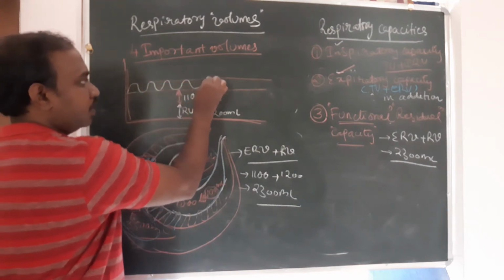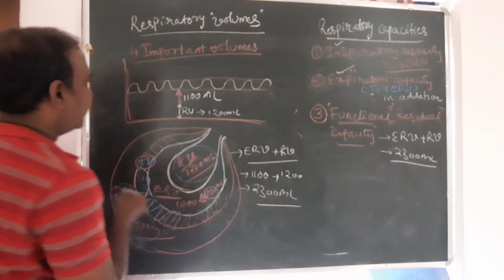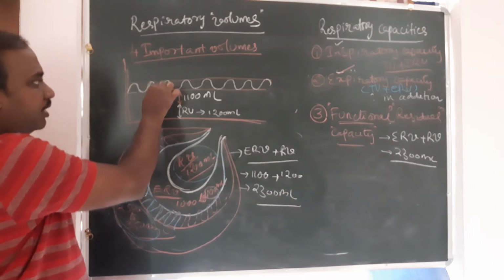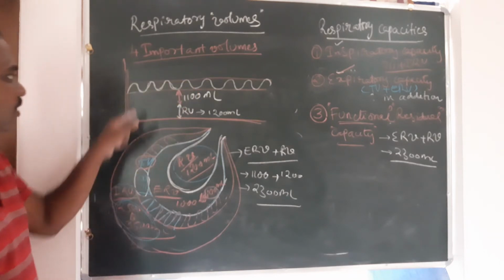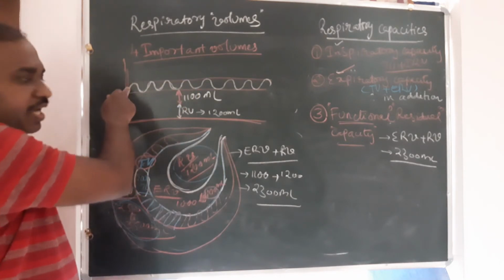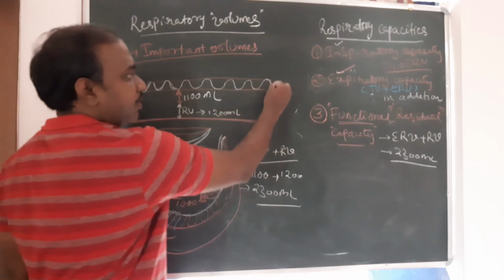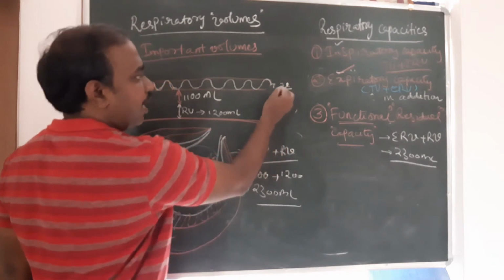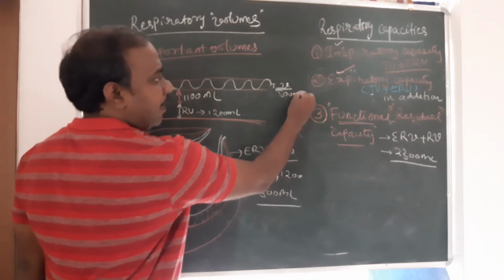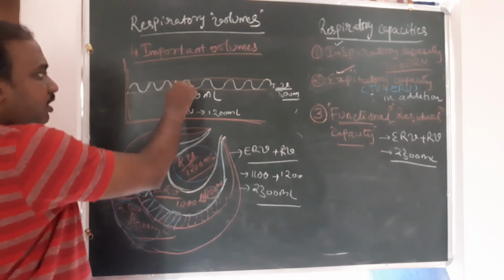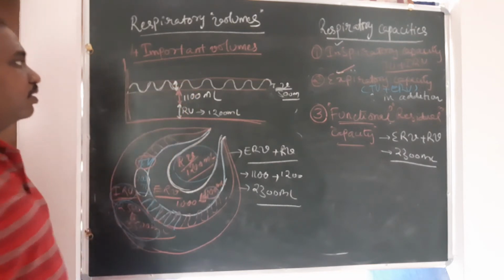So what does this wave indicate? This is an inspiration followed by expiration, inspiration, expiration. That means you inspire 500, expire 500, inspire 500, expire 500. So this will be your tidal volume, 500 ml. This is the range we are speaking of.